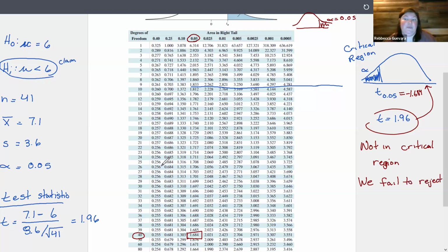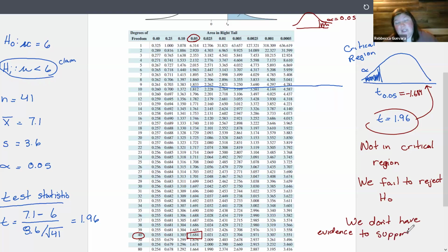So here I'm going to fail to reject my null hypothesis. Basically what we're saying is that we don't have evidence to support the vendor's claim.